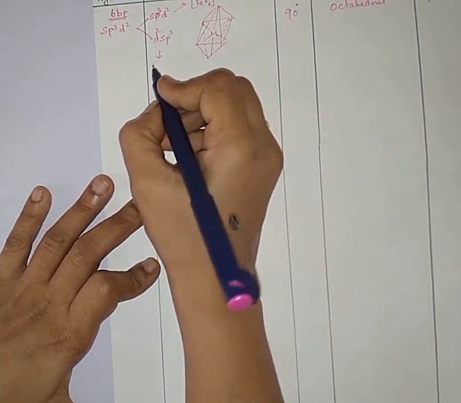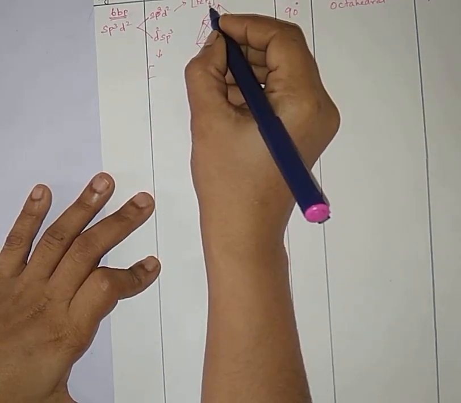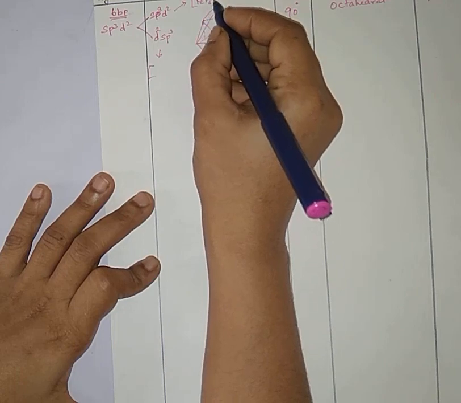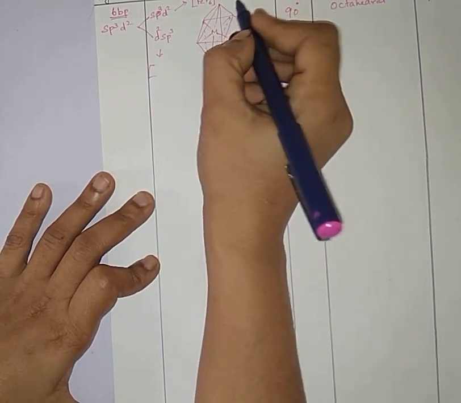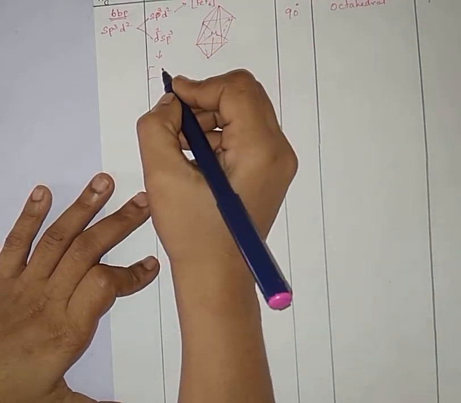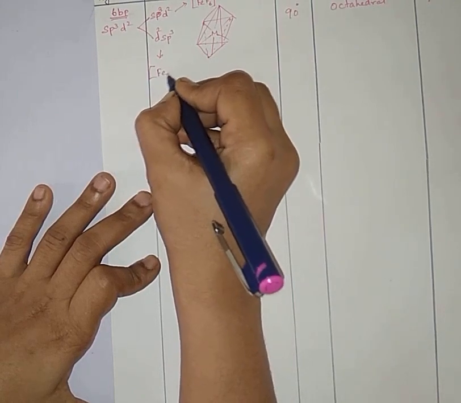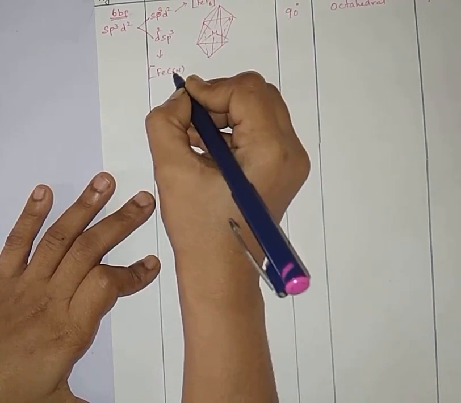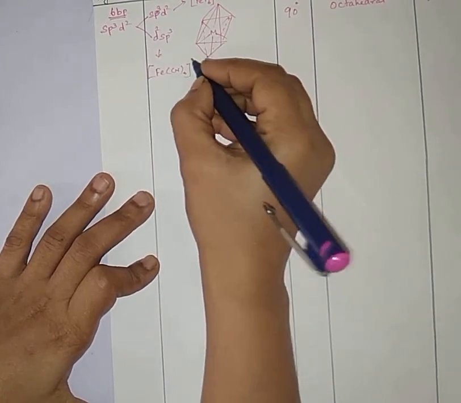Only one is sufficient, I don't have space to write, so I'll write only one for example. If you check the spectrochemical series, the ligand is a weak ligand. If it is a weak ligand, the pairing will not take place, so it's an outer orbital. Inner orbital means the ligand should be strong. For example, I'll take CN. This is a strong ligand, this is a weak ligand. This helps you to differentiate.